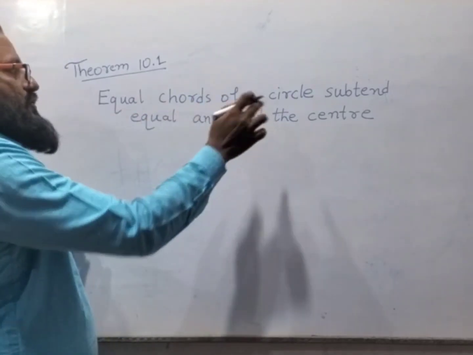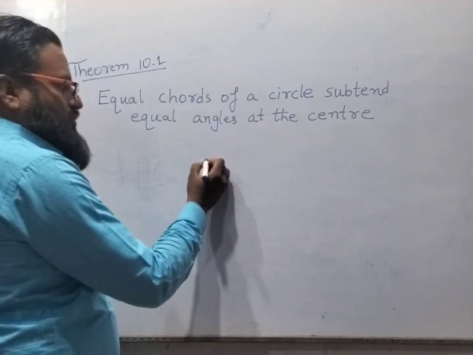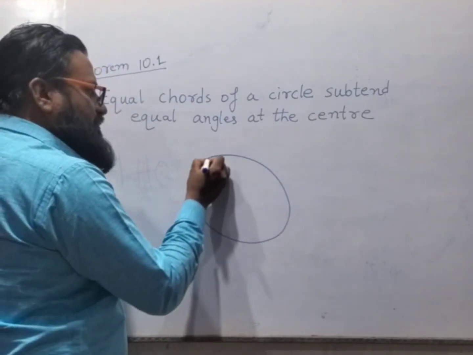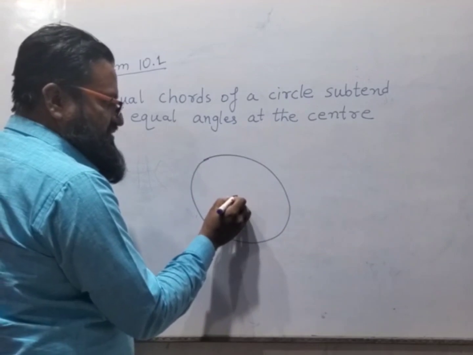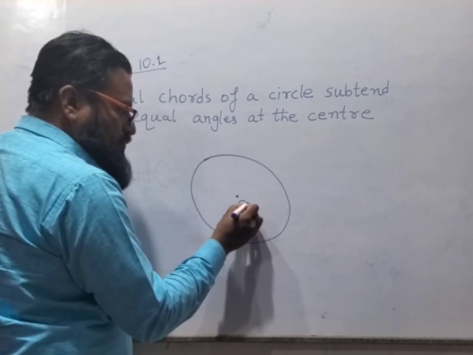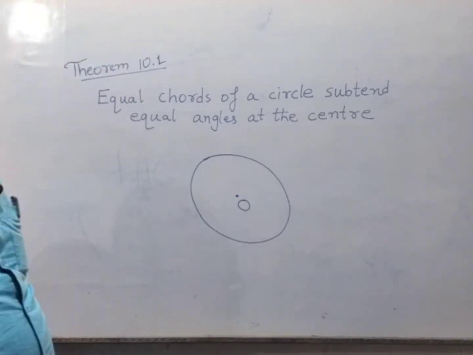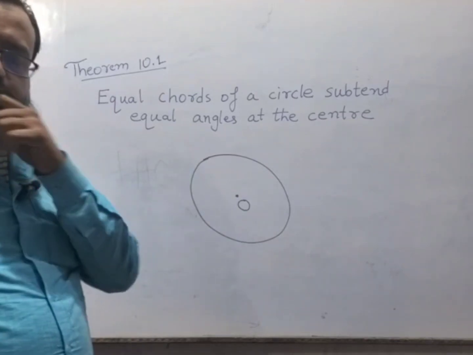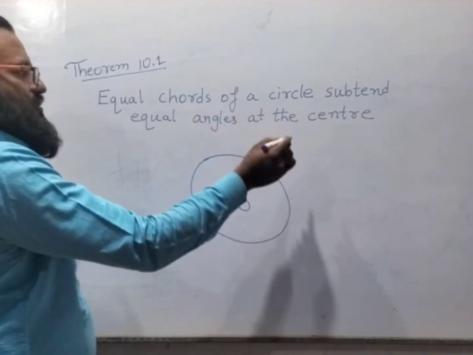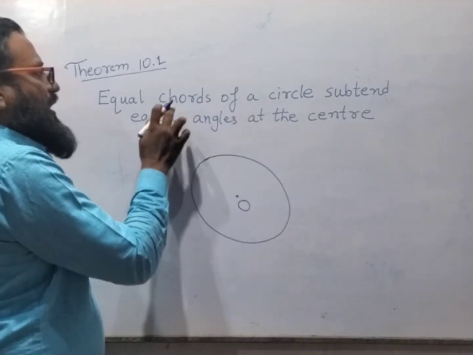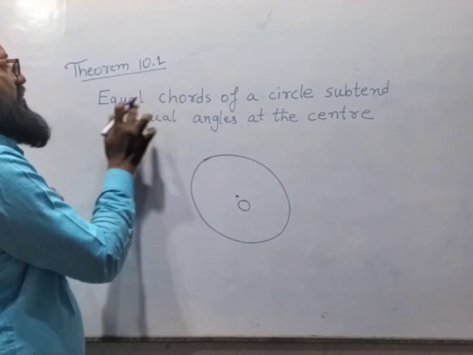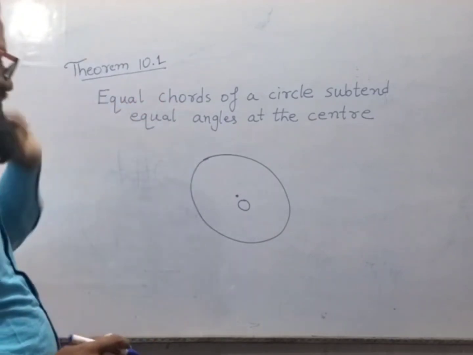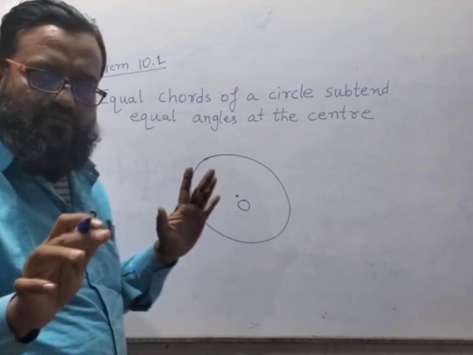In order to prove this theorem, first of all we shall draw a circle. Suppose this is a circle and this is the center O. Now we shall draw two chords, and those chords should be equal, because in the theorem it is said that equal chords.